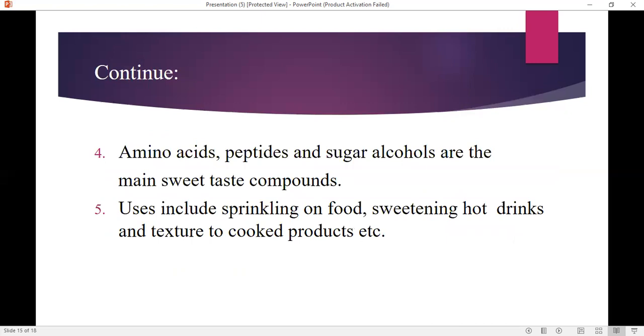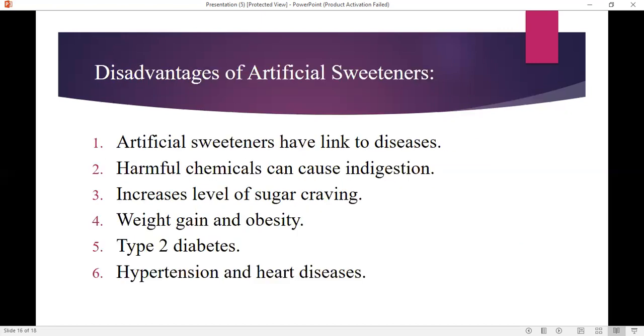Amino acids, peptides, and sugar alcohols are the main sweet taste compounds. Uses include sprinkling on food, sweetening hot drinks, and adding texture to cooked products, etc. These all are the differences between natural sweeteners and artificial sweeteners.